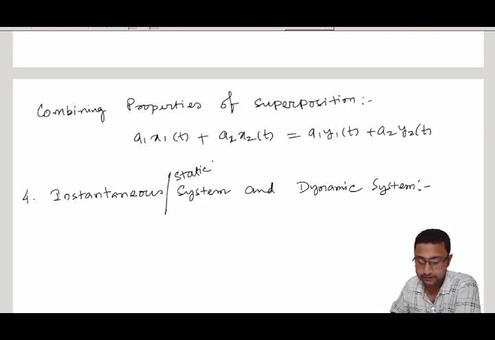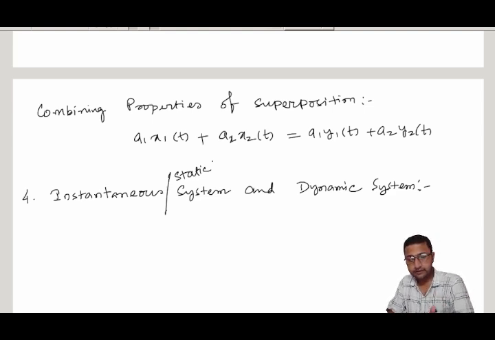Suppose we take the example of an electric circuit containing a passive element like a resistor. It has a V-I characteristic, V(t) equal to R i(t) by Ohm's law, so the system is static.